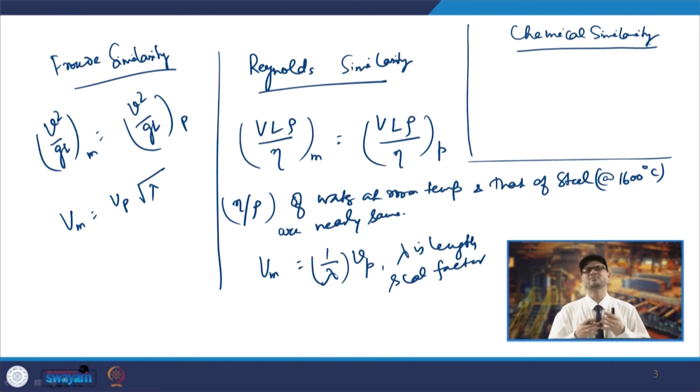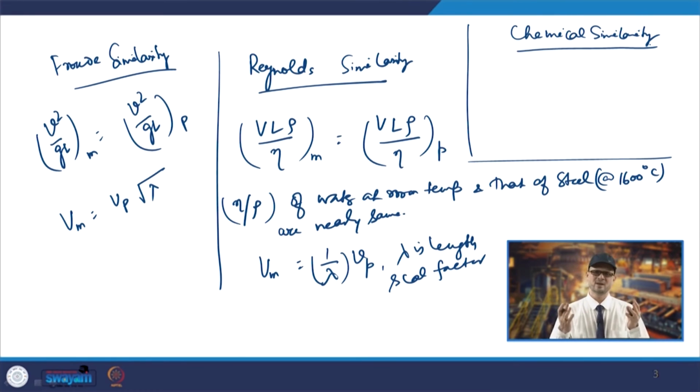So you will have to deal with the concentration profiles in the full scale system. In chemical similarity, you talk about the concentration differences at corresponding locations in the model and in the tundish.